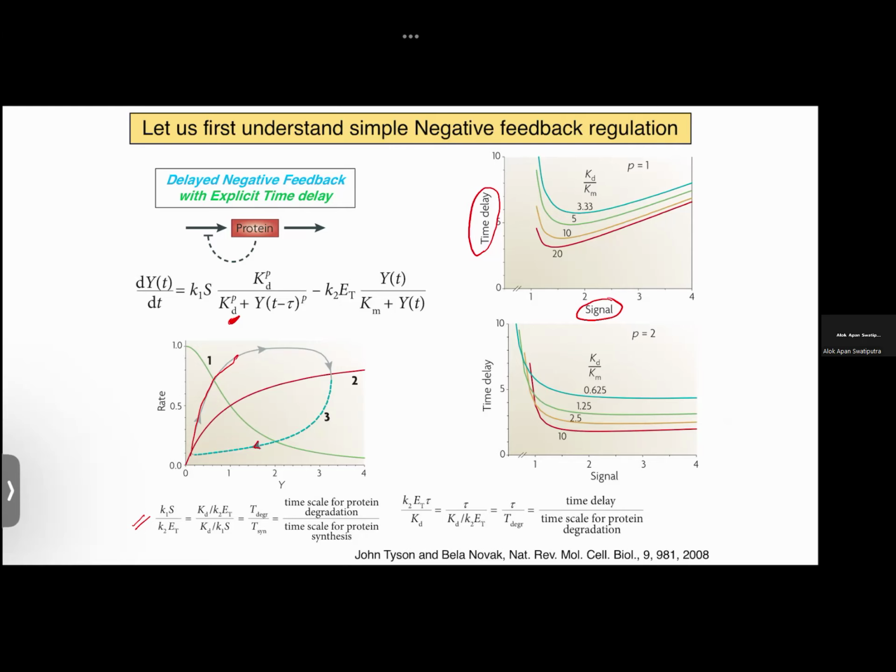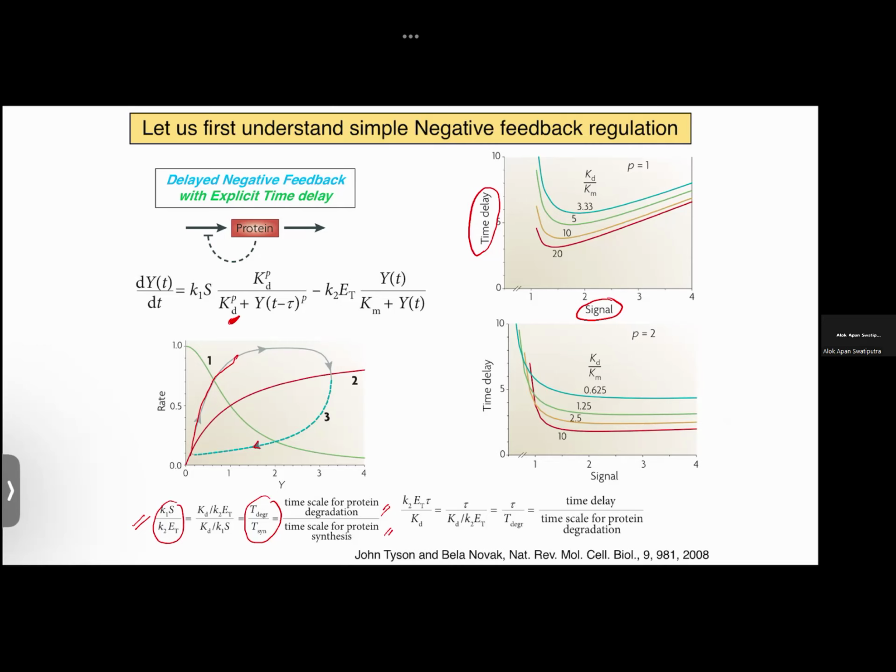For example, as you did in radioactivity, 1 by K is the average lifetime. And 1 by K1 is the time scale of your protein synthesis. So this K1S by K2 is a dimensionless quantity, and in this particular context it is also a ratio of your degradation time scale to the synthesis time scale.